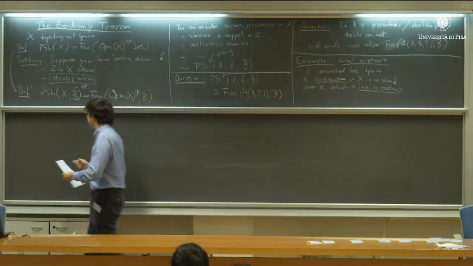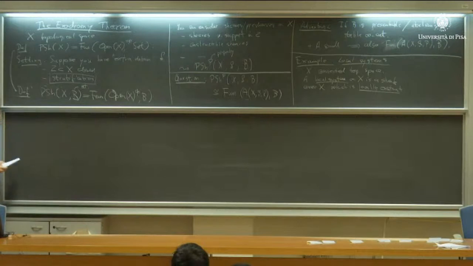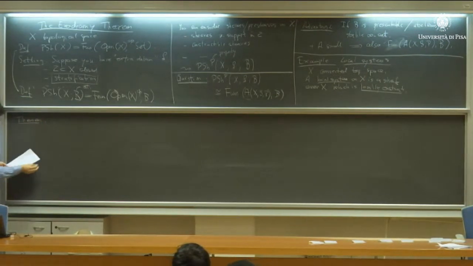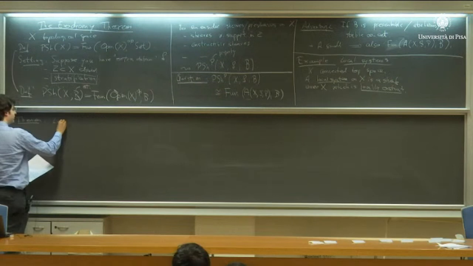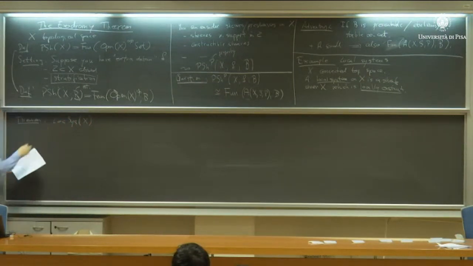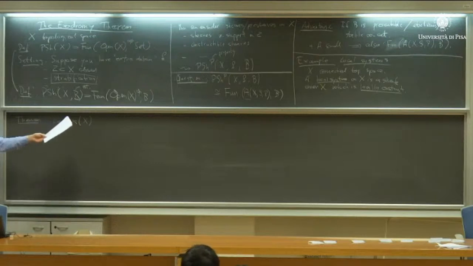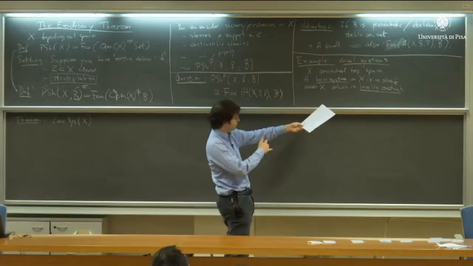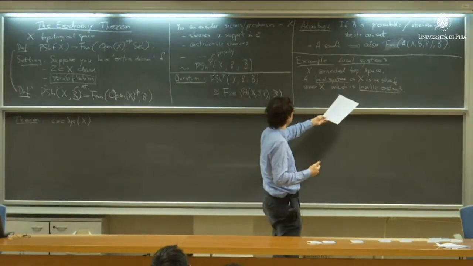I will try to write in the upper part of this. So the theorem related to this example is the following. The category of local systems over X, defined as having as objects such sheaves and as morphisms the morphisms of sheaves.